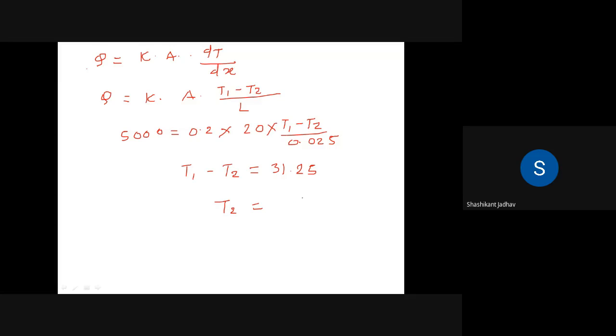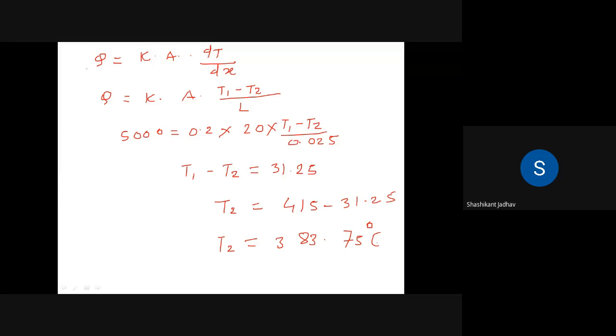The value of T1 is 415, so 415 minus 31.25 gives T2 equal to 383.75 degrees Celsius. So this is the answer in degrees Celsius.